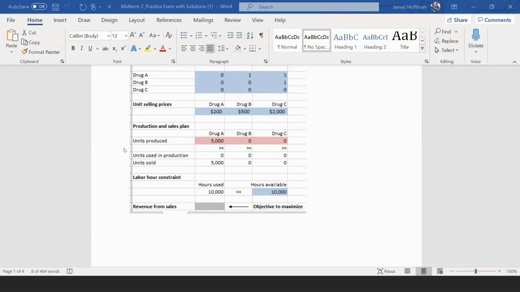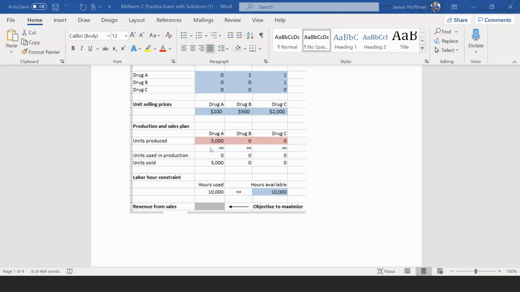Okay, so yeah, you're listing the constraints here that the solver has to go around to figure out the solution, right? And so remember, we're trying to maximize revenue by choosing how much drug to produce, and we're constrained by the things where you see the inequalities. So we have two areas of constraints. Okay, so one of them was the labor hour constraint, which I think you're familiar with.